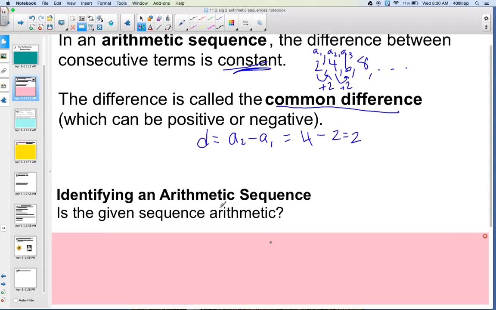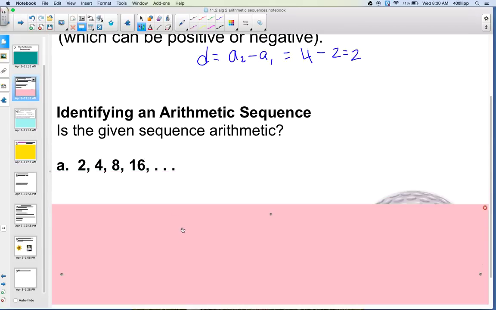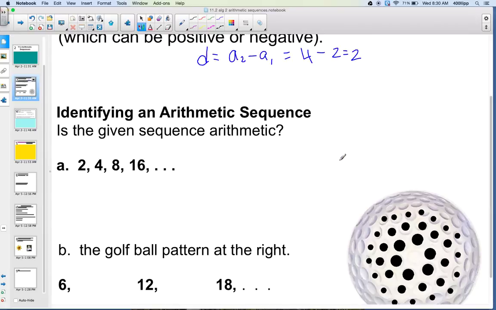Okay, so let's take a look at identifying an arithmetic sequence. Is the given sequence arithmetic? Here's the first one: 2, 4, 8, 16, and so on. To get from 2 to 4, we can add 2, or we can multiply by 2. To get from 4 to 8, we can add 4, or we can multiply by 2.